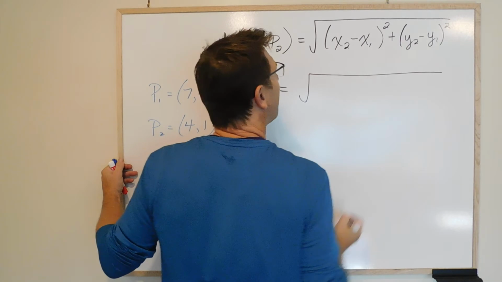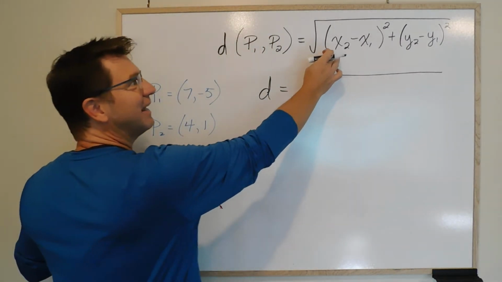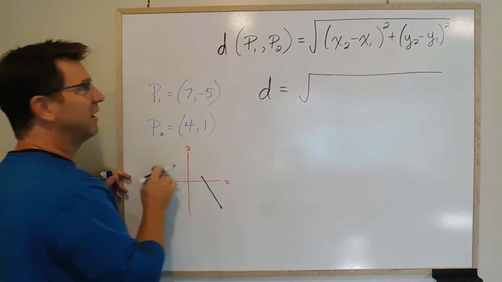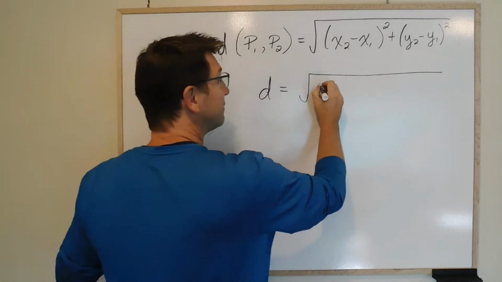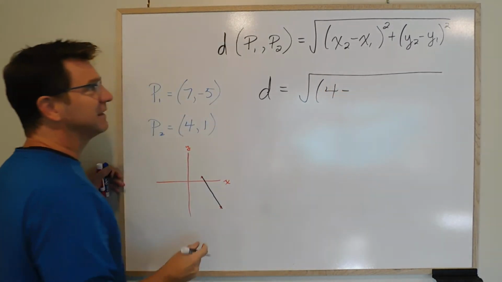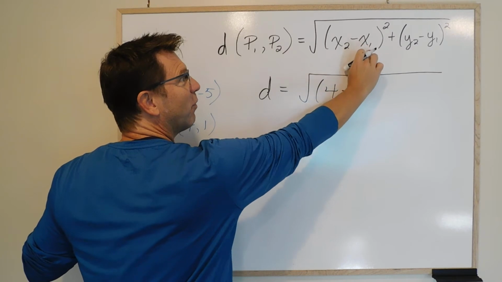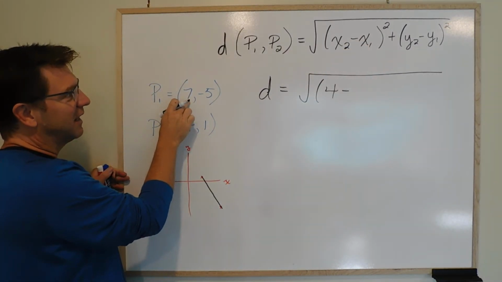Okay. And I'm just going to literally sub in the points. Well, if this is the x value of point 2, I go to point 2, I look for the x value, I see it's 4. Then I'm going to subtract the x value of point 1. Well, I go to point 1, I look at the x value, and I see it's 7.